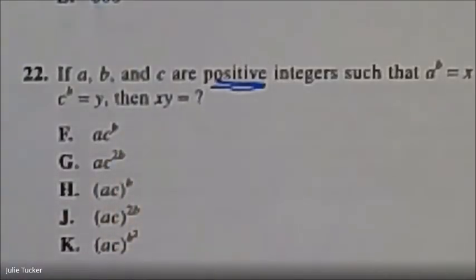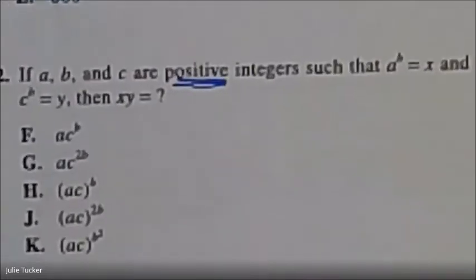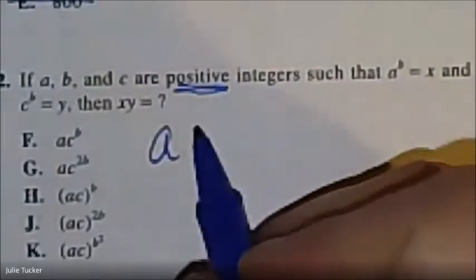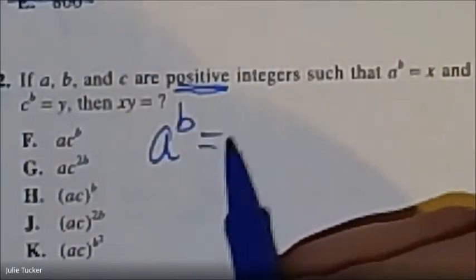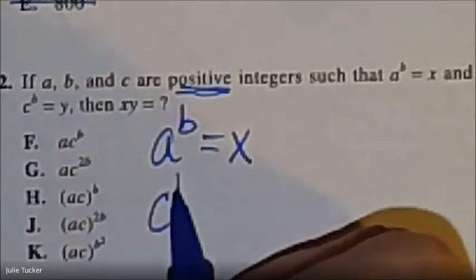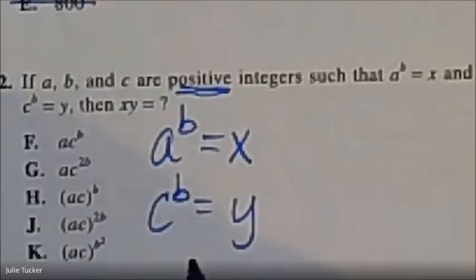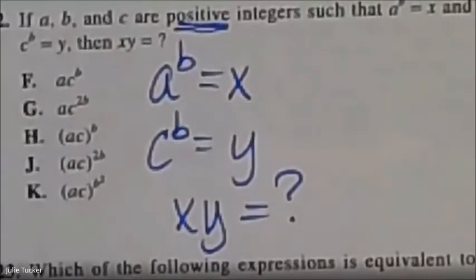So, aren't they kind of giving you formulas for everything? Yeah. So I'm going to rewrite it bigger, what they said, because it's so tiny. A to the b equals x. C to the b equals y. x times y equals what? That's what the question says. So tell me what to write.